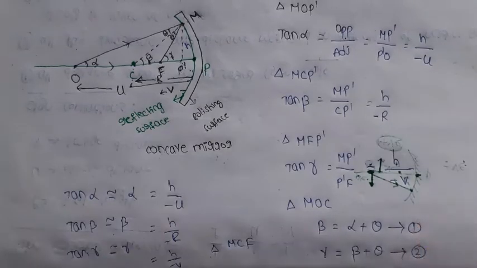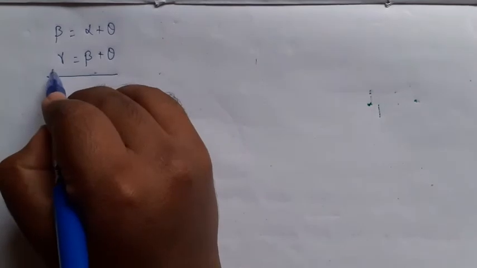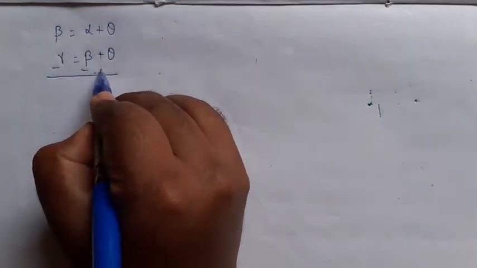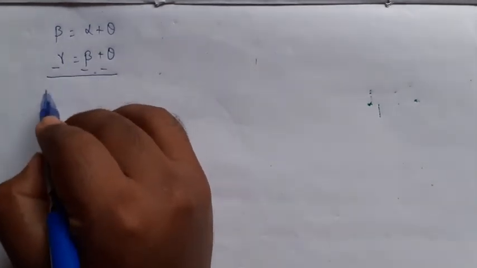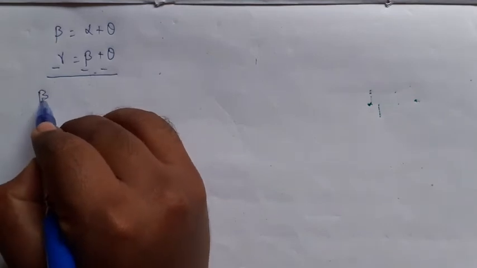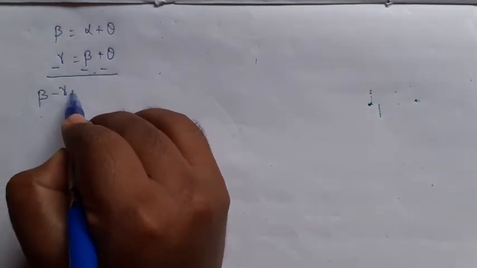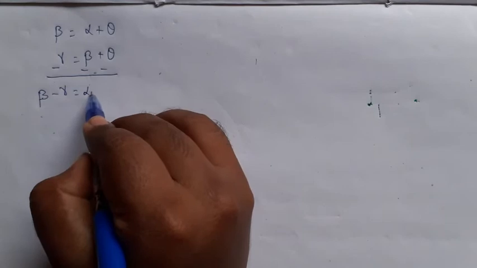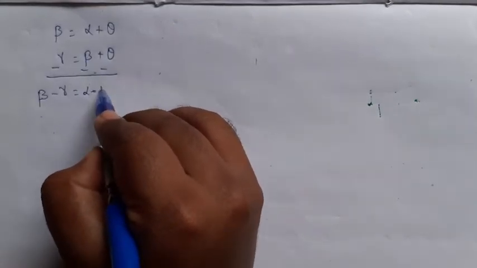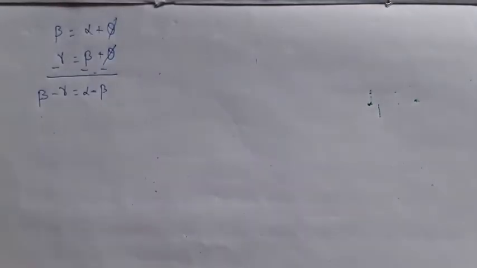From equation 1 and equation 2, I am eliminating angle theta. I am doing subtraction here, so the signs change. So beta minus gamma equals alpha minus beta. Here theta gets cancelled.